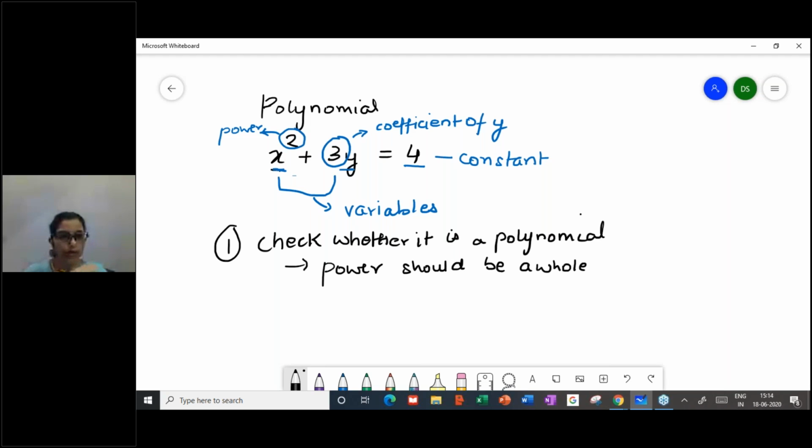Now is it making sense? Now what is the question? y plus 2 by y. Is it a polynomial? It is nothing but y plus 2y to the power minus 1. Do you still feel it's a polynomial now that the power of y is minus 1?